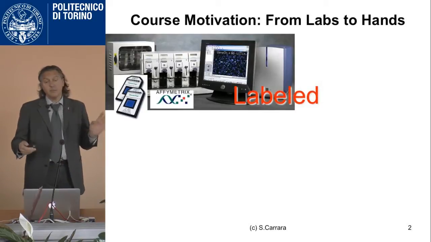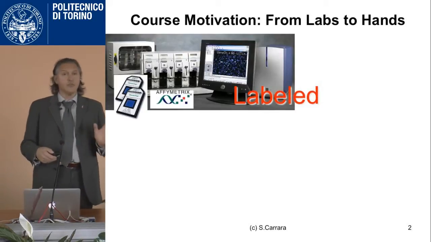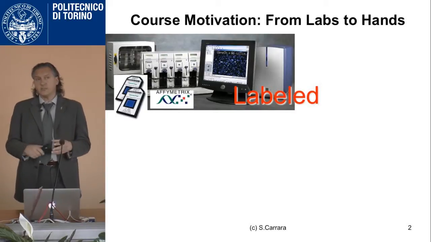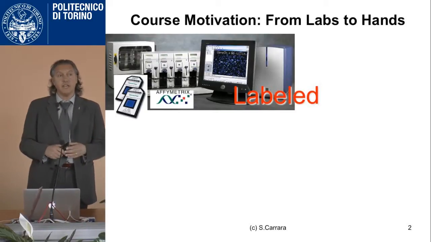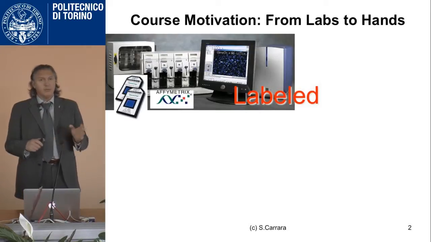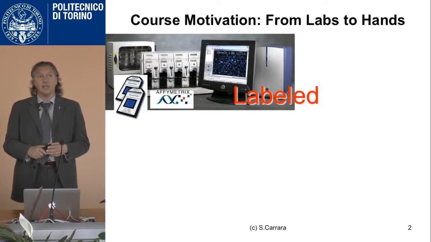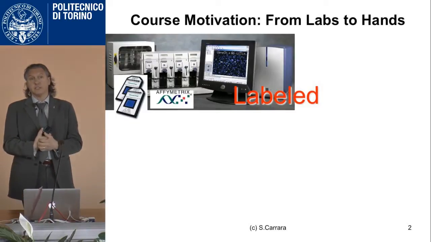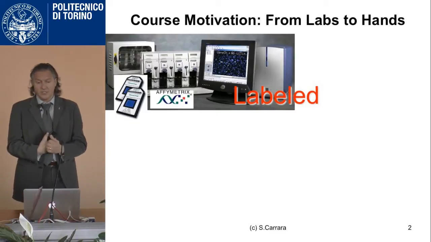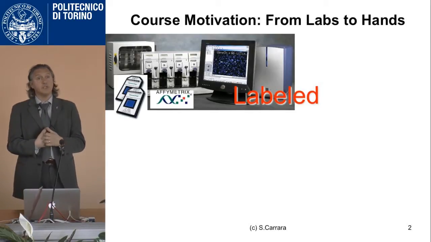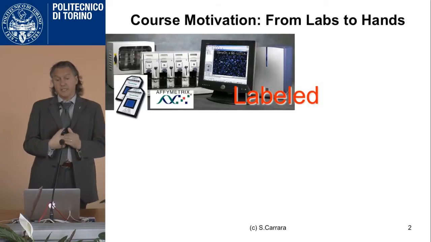So the big motivation of the course is that, of course, we would like to develop a new class of diagnostic devices. You probably have heard or seen several very important diagnostic tools, like, for example, the famous Affymetrix station for measuring high-throughput DNA detection.